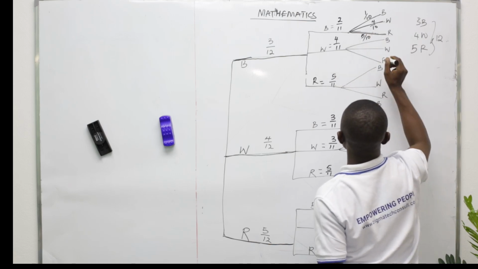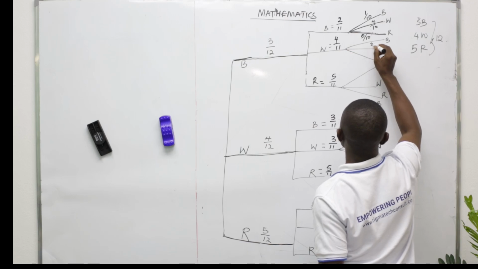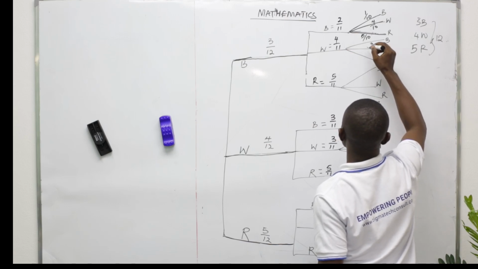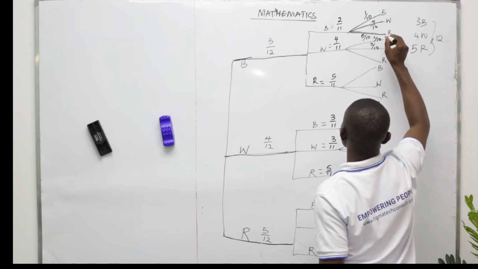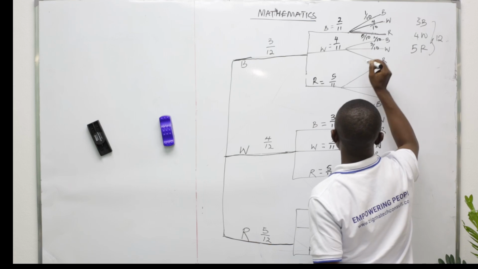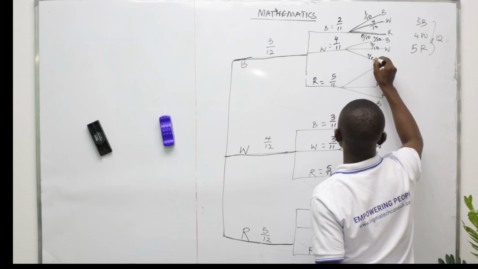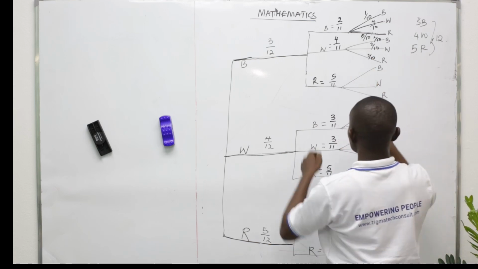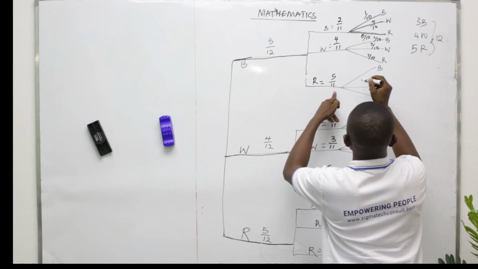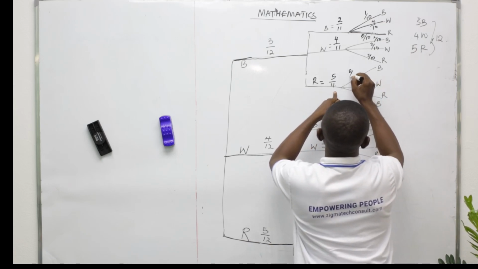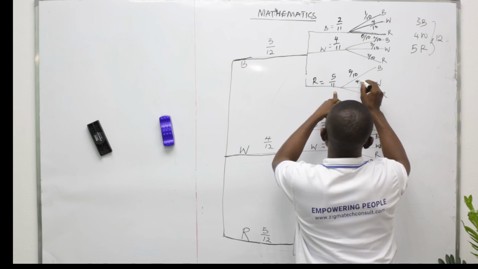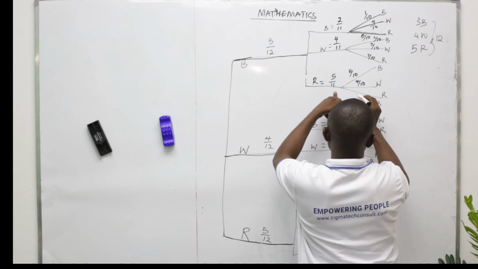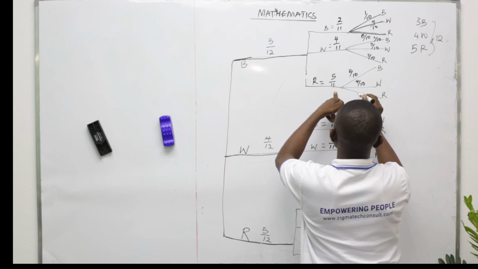The owner here is white, so numerator and denominator are affected, while the black and the red, only the denominator. The owner of this place now is red, so while maintaining the numerator of black and white, the numerator and denominator of red will be affected.